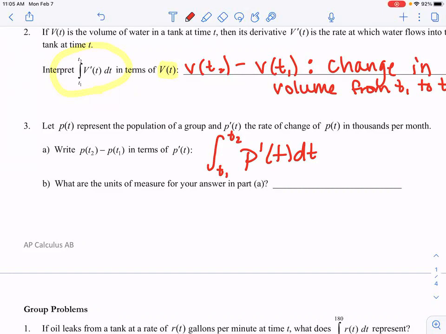All right. What are the units of measurement for this right here? Thousands of people. Okay. What were to happen if I got like -2,000 of people? What would that mean?